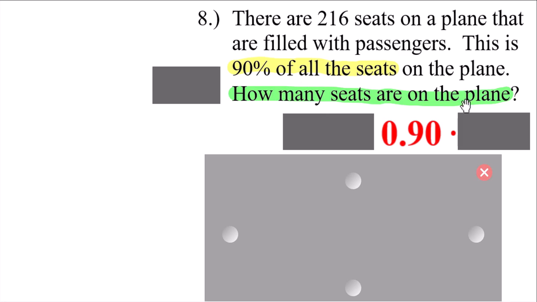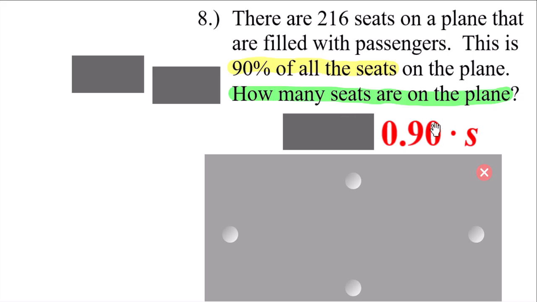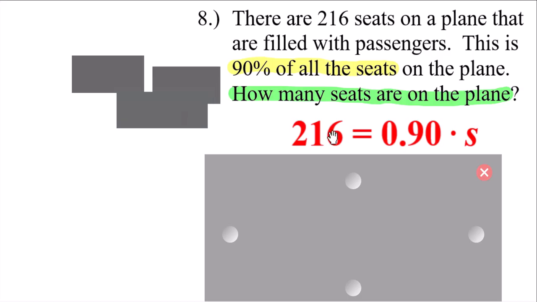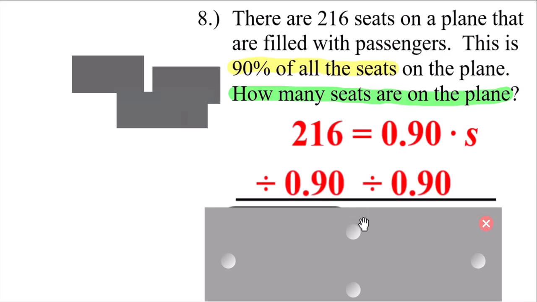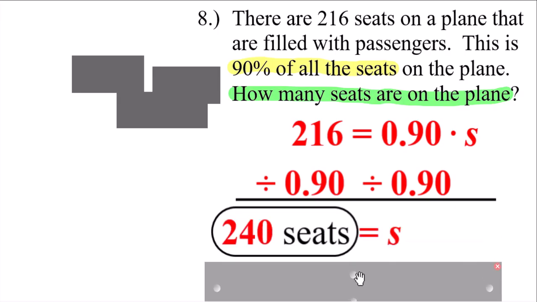We don't know how many seats there are altogether on the plane. So that is the unknown. The 216 are just the part of the total seats that happen to have been filled by the passengers. So that is your part. Now, like number 7, we're going to have to divide on both sides. That should give you 240 seats.